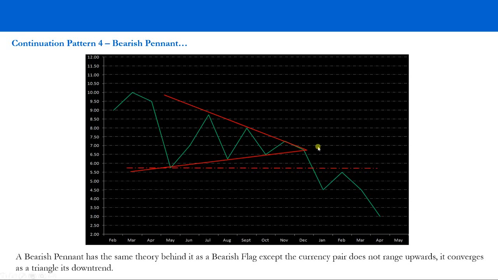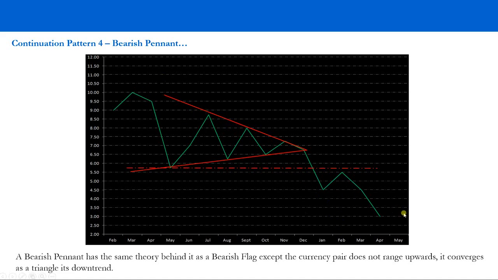And a bearish pennant obviously has the same theory behind it as a bearish flag, except the currency pair doesn't trade in an upwards range. It converges as a triangle and the trend is downwards.